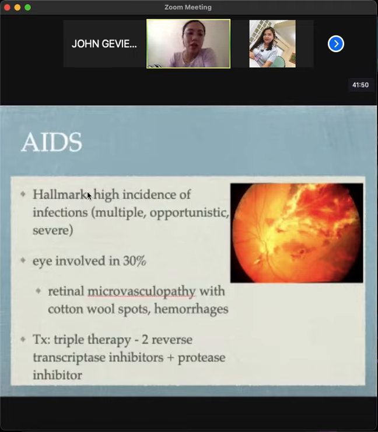So there is retinal microvasculopathy with cotton wool spots and hemorrhages. So usually in early stages, you would see a lot of cotton wool spots on the retina, in a known case of HIV. So in 30% of cases, eye involvement is seen in AIDS individuals.